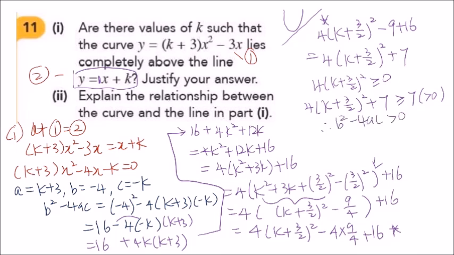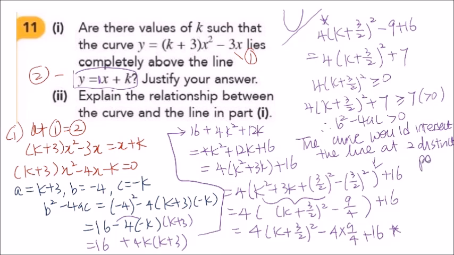And if b squared minus 4ac is more than 0, the curve would intersect the line at 2 distinct points, right? So the curve would intersect the line at 2 distinct points.